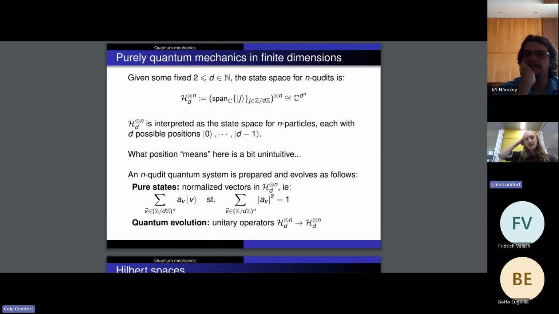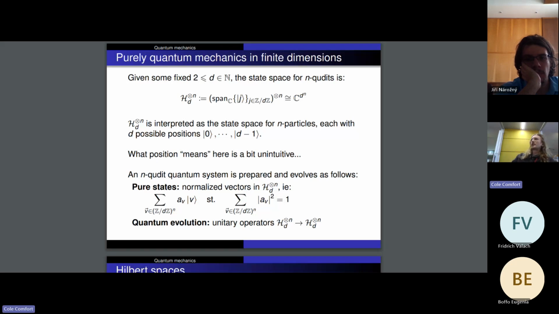So that classically, if you have a particle, then it can have d possible positions. But in the quantum case, we're going to take normalized vectors in this space. So instead of asking that the particle only takes one value, we're going to ask that it's a normalized vector in this Hilbert space. So that's the notion of a pure quantum state.